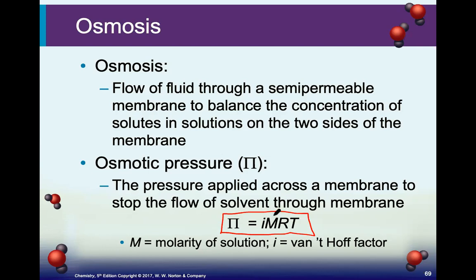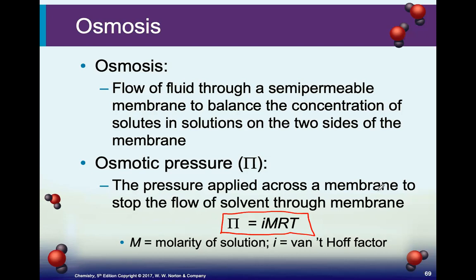That's not the molality, but the molarity, capital M. And then R is the gas constant, and T is the temperature. Remember, when you use T in your equations, the T needs to be in degrees Kelvin. So make sure that you don't make the mistake of using degrees centigrade.